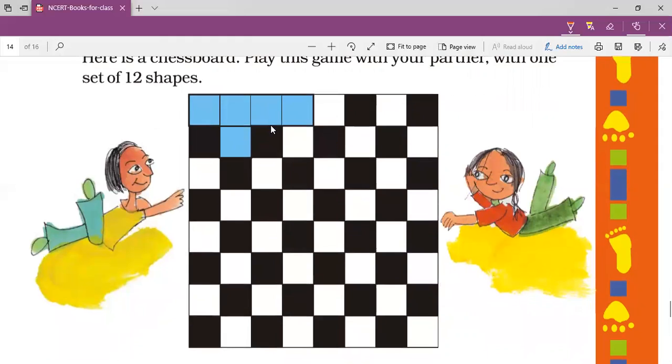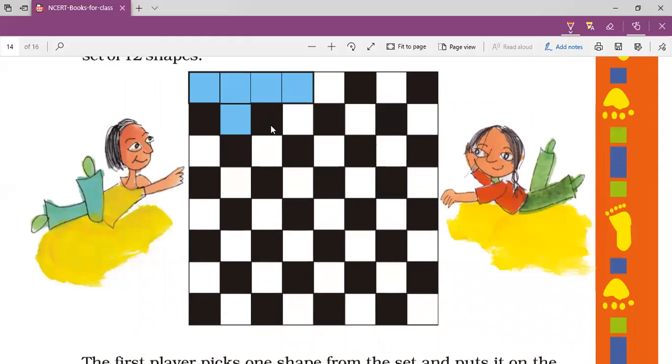Please, instead of playing chess, ask that partner to play and arrange the shapes in such a way that they cover the whole chessboard. You can do it by alternate ways.